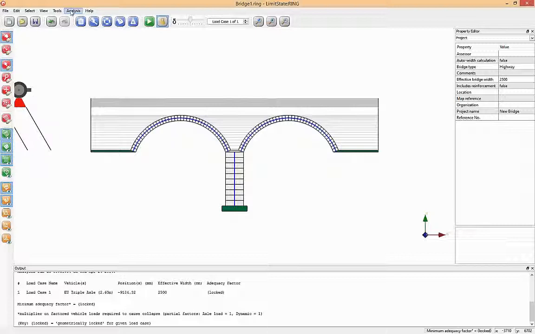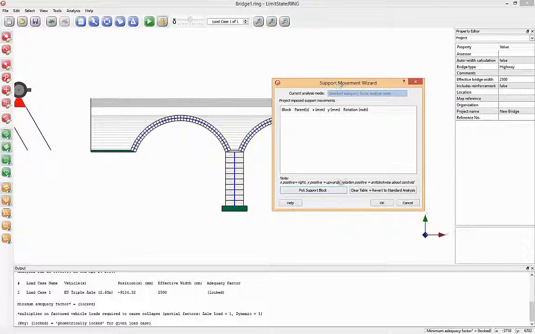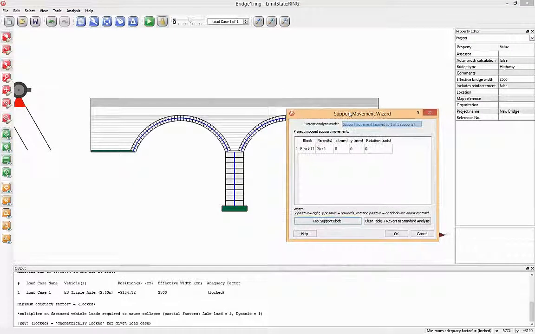However, what I'm actually going to do is move into the support movement wizard, and specify that, for example, we have movement of a central pier. Let's suppose a central pier has suffered some subsidence and has moved down by 10 millimeters, for example.